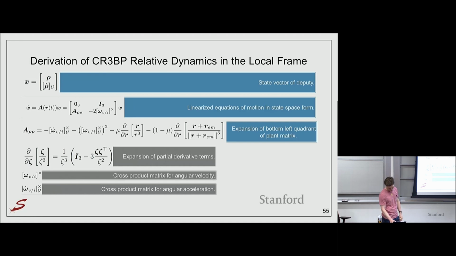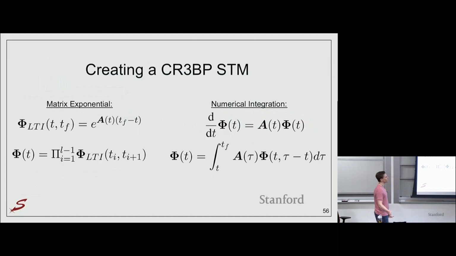How do we get an STM? Well, we can do it efficiently or inefficiently. Efficiently, at least ideally, one of the techniques we're using currently is a matrix exponential approach. When you take a matrix exponential of a plant matrix, you get an STM.